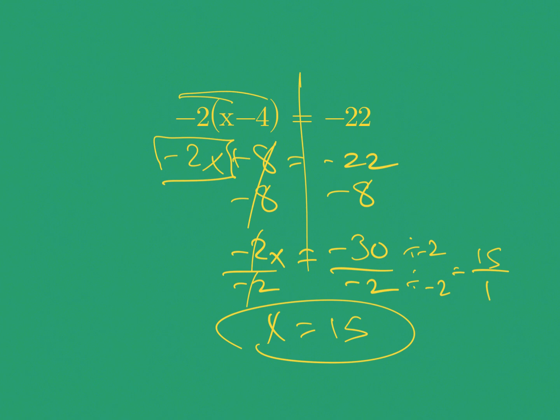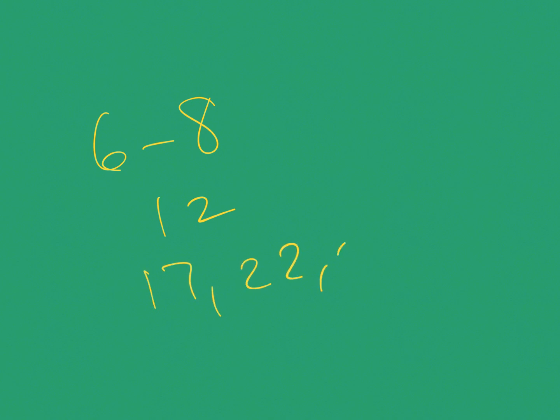All right, so here's what we're going to add: 6 through 8, 12, 17, 22, 24.